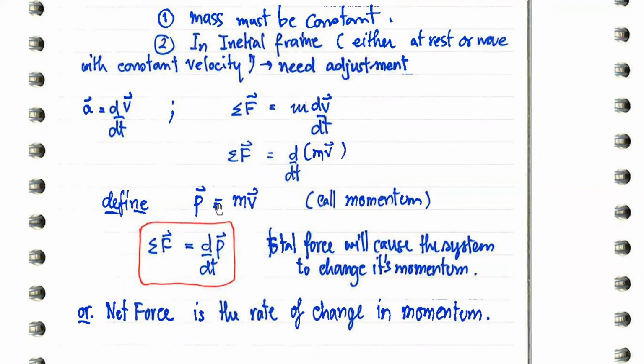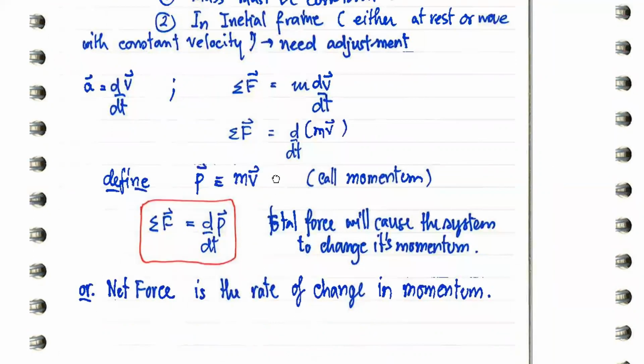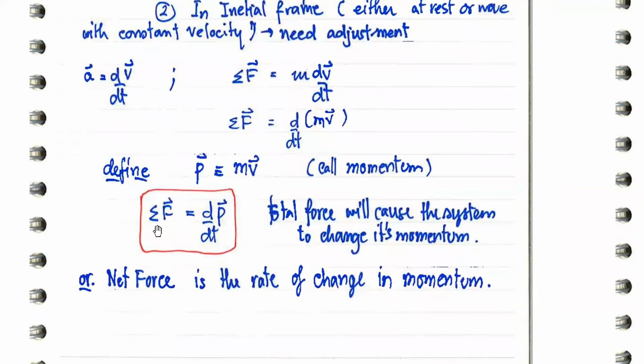So after we call this, we have that the force acting on an object is the rate of change of its momentum, dp by dt. Now your mass doesn't have to be constant anymore, because it is a product between mass and velocity. The mass can change over time also.